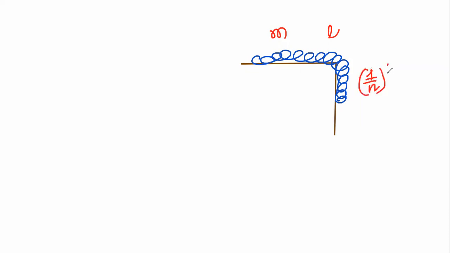On the horizontal table, a chain of mass capital M is placed, whose length is taken as L. Out of the total length, a certain portion of the chain is hanging from the edge of the table.